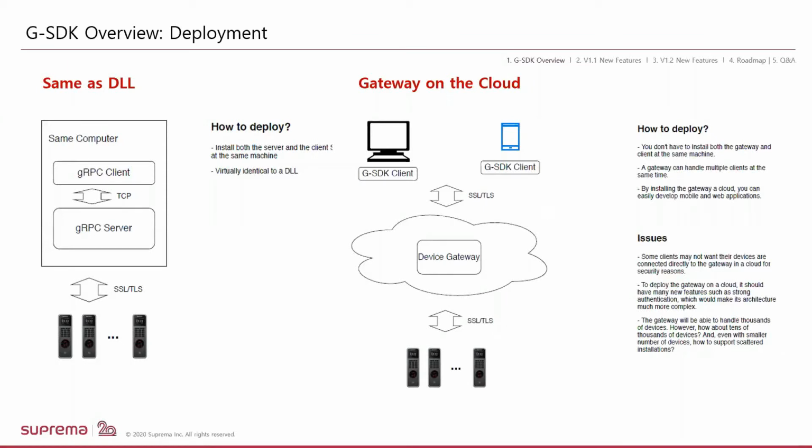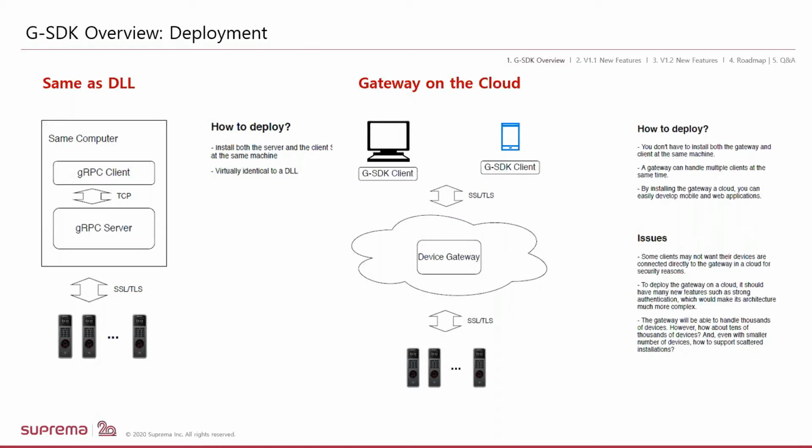First, even though the device gateway can handle up to 1,000 devices, in some cases, it is not enough. You might have to handle tens of thousands of devices. So in that case, the gateway cannot handle that.